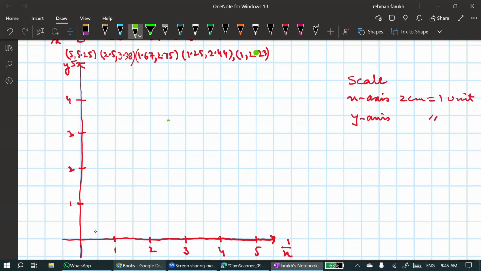3.38 is at this place. 1.67, 2.75 is at this place. 1.25, 2.44. 1 and 2.23.